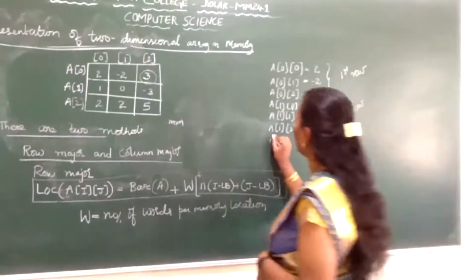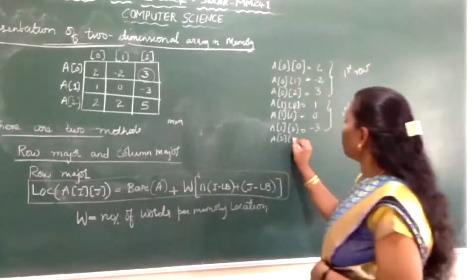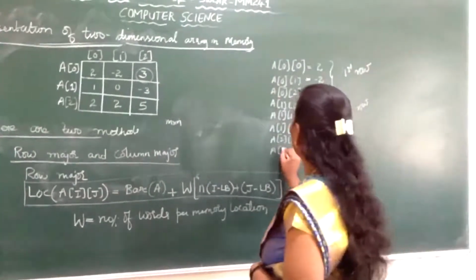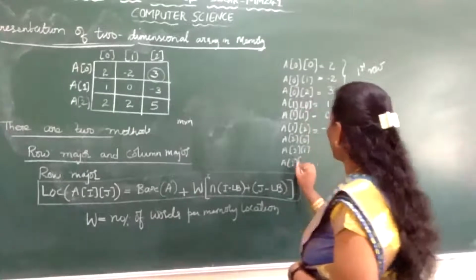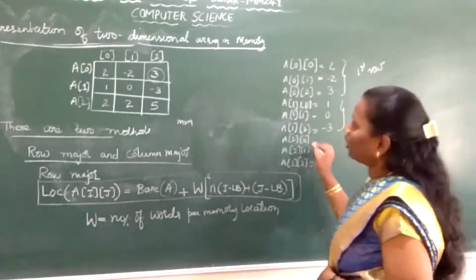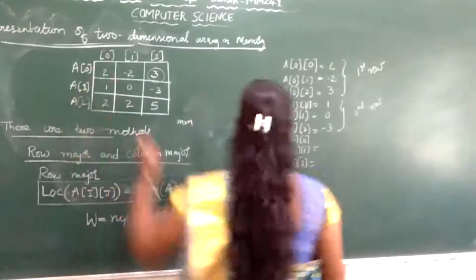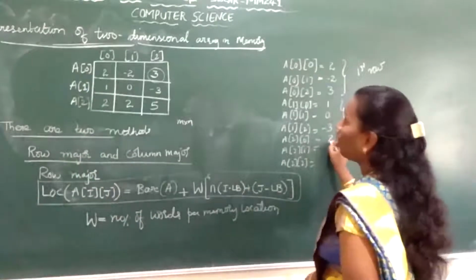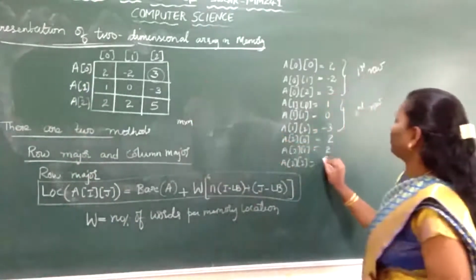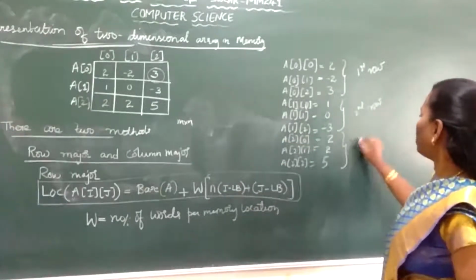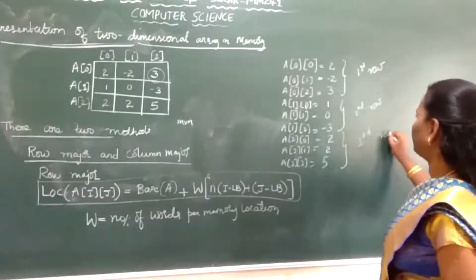Next I have A of 2, 0, A of 2, 1, A of 2, 2. So I have the elements as A of 2, 0 is 2, A of 2, 1 is 2, A of 2, 2 is 5. So this is for your third row.